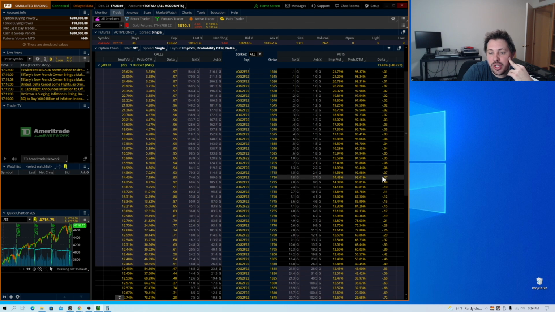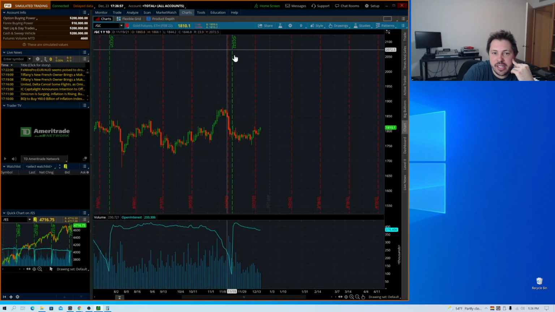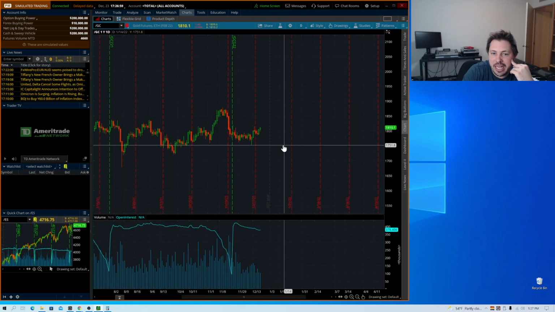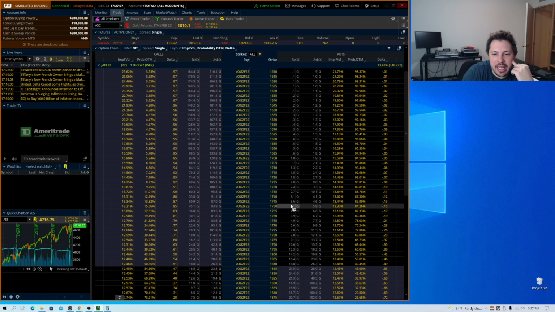So let's just look at this 15 delta, the 1750s. So 1750 is down here. It's below this last swing low here, right? So let's say that we wanted to sell that 1750, right?